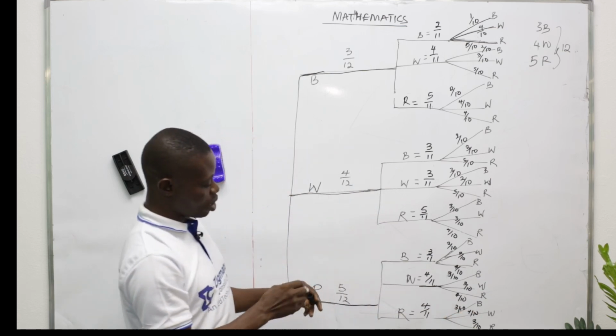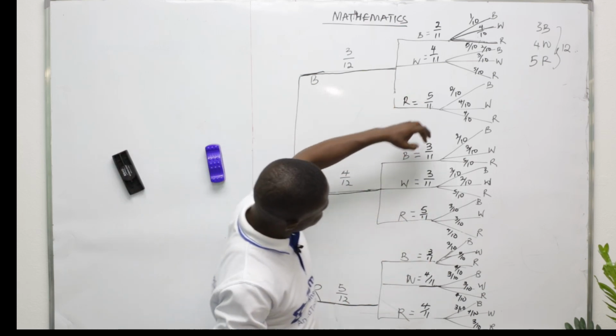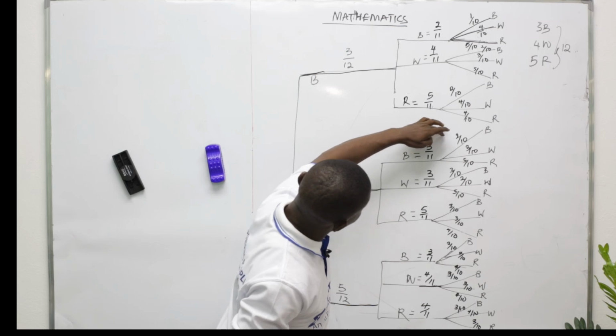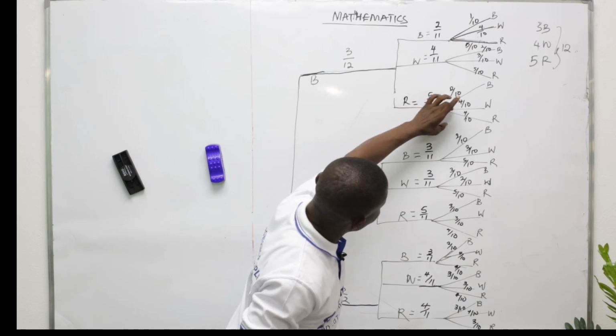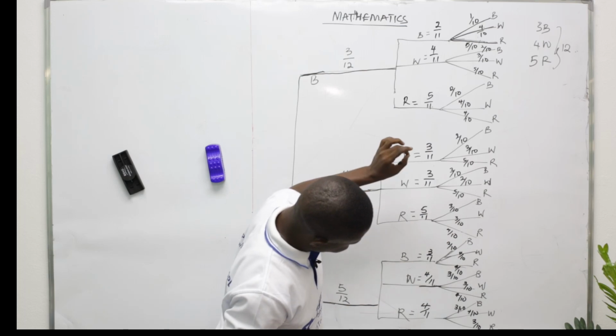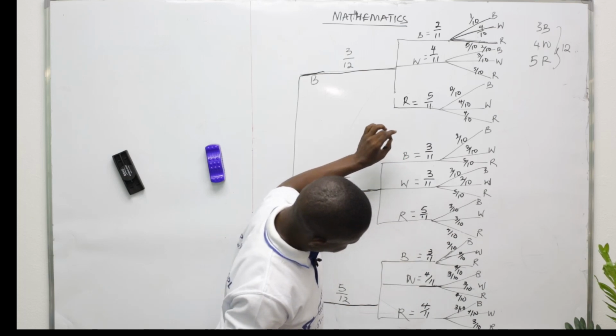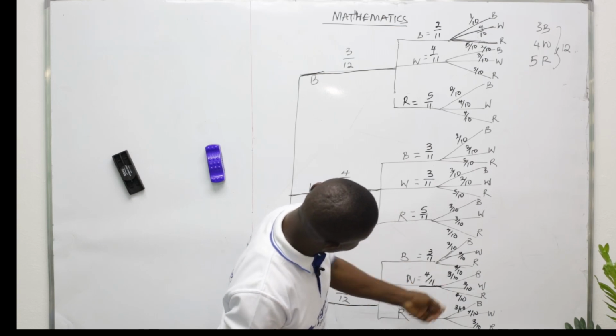So if you watch very well, in each of these labelings, you can see a similar number coming up. 4 over 10. How many times? Twice here, twice here. 3 over 10. How many times? Twice here, twice here.